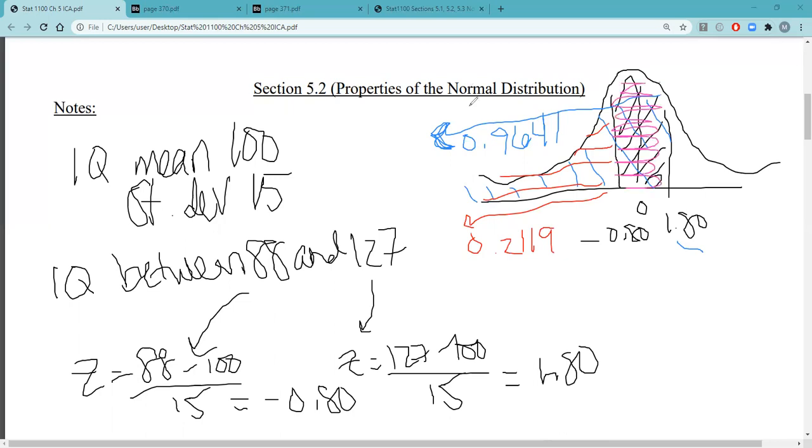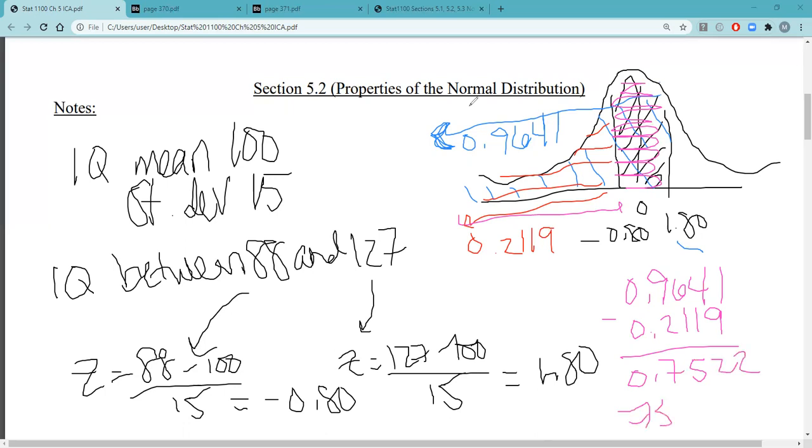So I'm going to take that total of 0.9641 and subtract off this piece over here to the left. And I can see what's left between them is 0.7522, or about 75.22% of the data.